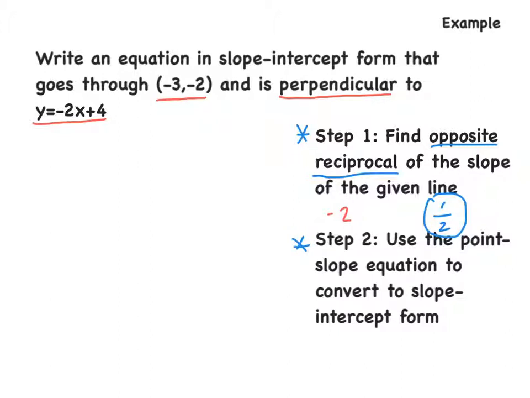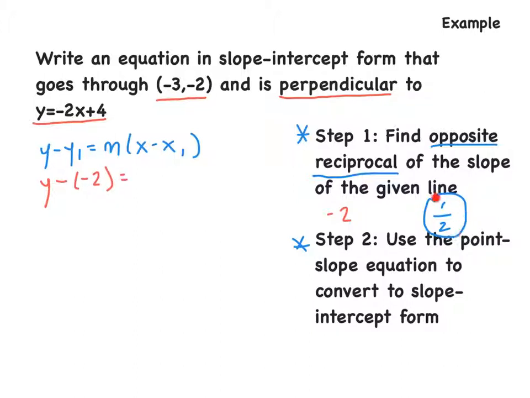Use the point-slope equation to convert to slope-intercept form. So point-slope form is y minus y1 is equal to m times x minus x1. So we have y minus, our y1 is a 2, is equal to m.